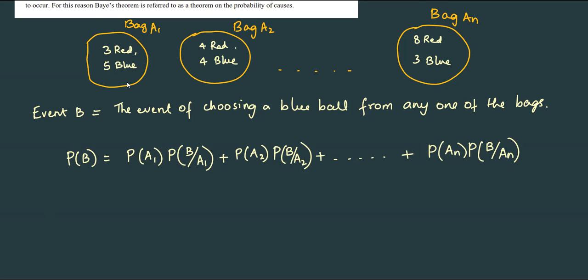So this is the theorem on total probability.